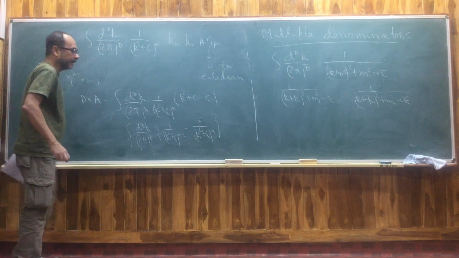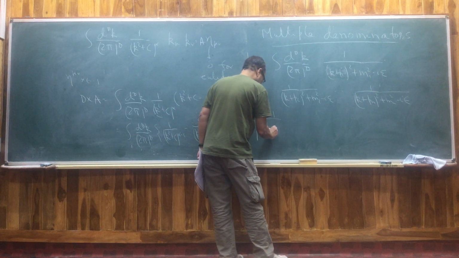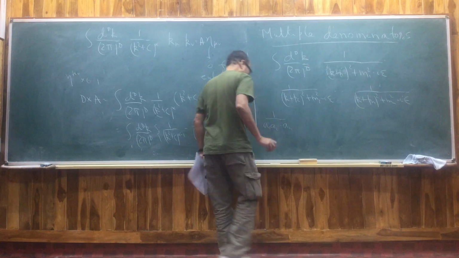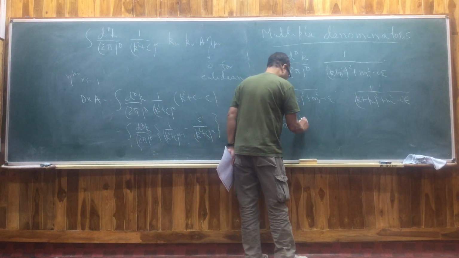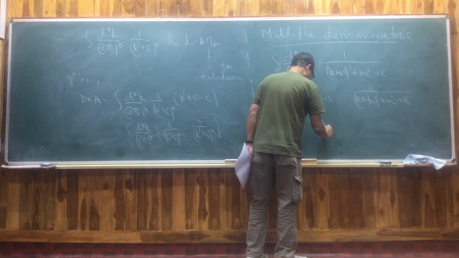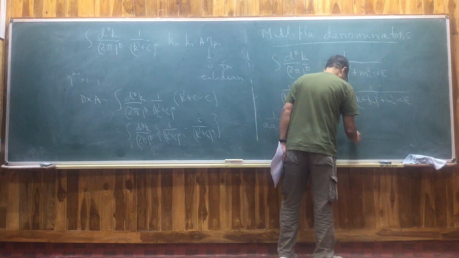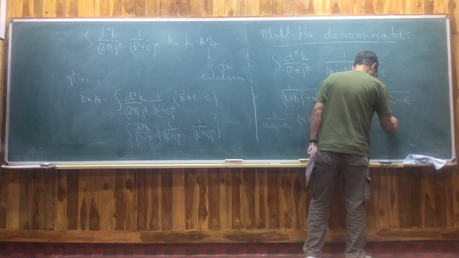What we do here is use this formula: if you have 1 over a1 a2 up to an, this is what is called the Feynman parameterization. There is a general formula: (n−1)! times the integral from 0 to 1 dx1 up to the integral from 0 to 1 dxn, with a delta function.